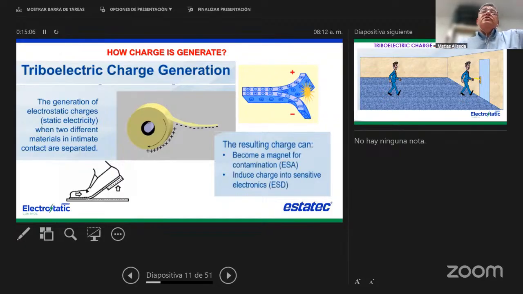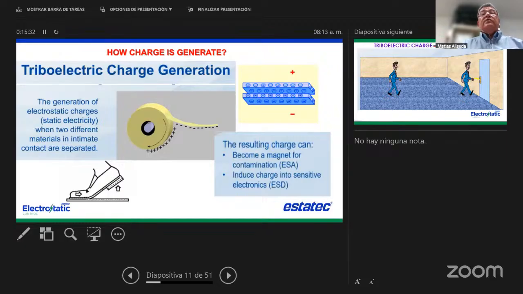The triboelectric charge generation, we use that word coming from the Greek etymology of tribos, which means friction, but we also separate two surfaces. So when we are walking, or when you are moving PC boards and take them away from a surface, we can generate static.